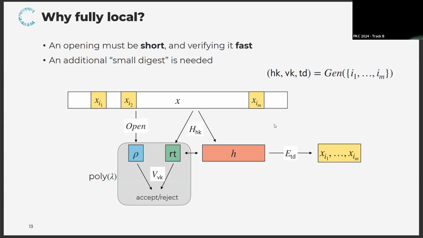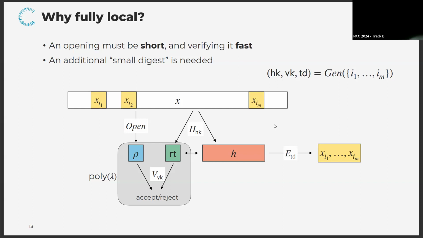The hashing procedure generates the hash value, but also a very small digest. The opening procedure also generates a very small opening. And so the verifying procedure is super efficient and super short.